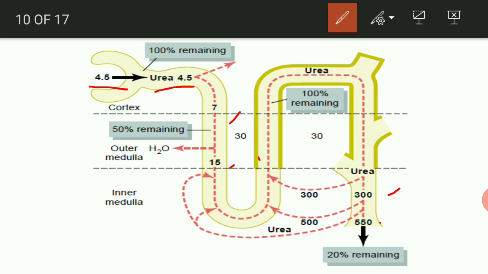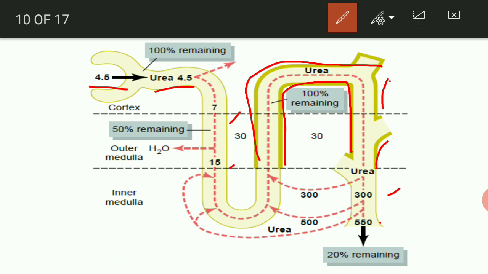This dark portion of the tubule is impermeable to urea, but the thin lines of the tubule or nephron are permeable.